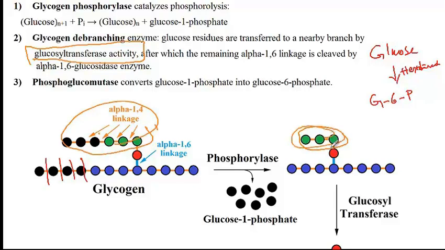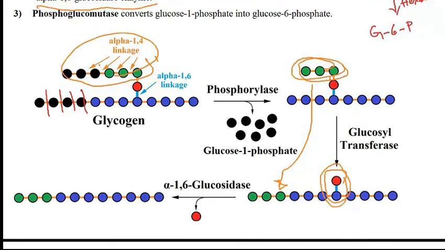Here you can see that the green ones have been moved to the nearby chain. So what we are left with now is only the alpha 1,6 linkage. And so this bond can now be broken by the alpha 1,6 glucosidase enzyme, which will release this hexose molecule. Alright, so that's it.